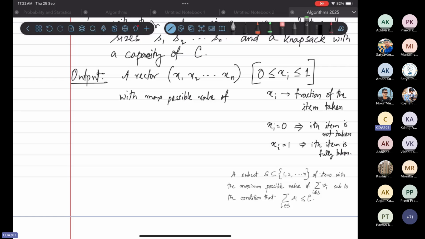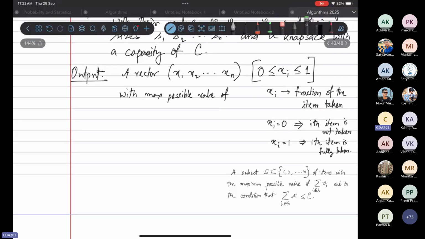So what is the quantity that I should maximize then? If I am taking xi fraction of the ith item, then what is the contribution of that portion to the value of the knapsack? So I have this ith item.